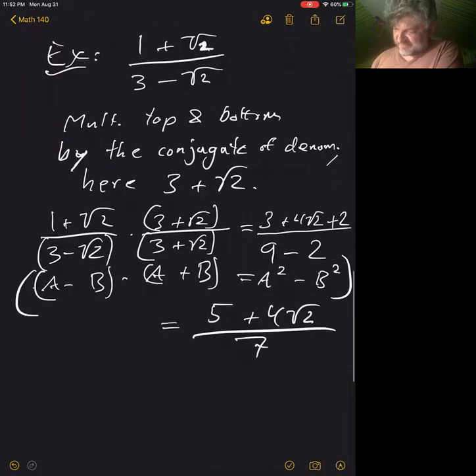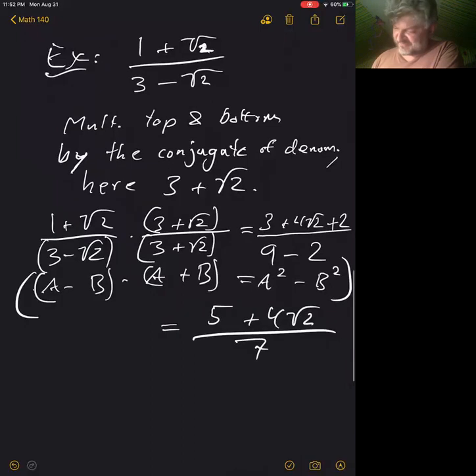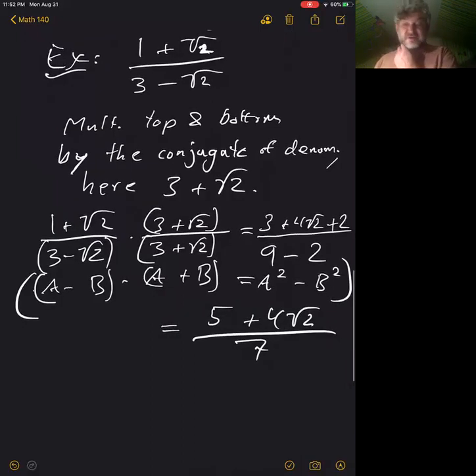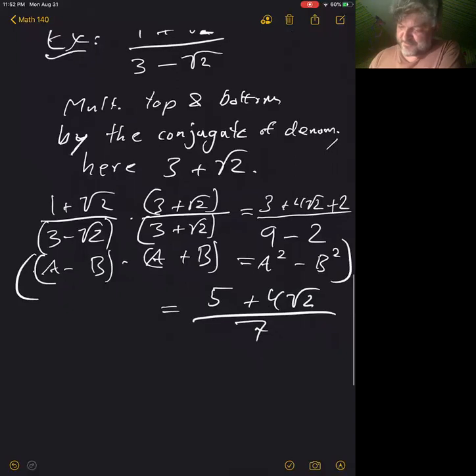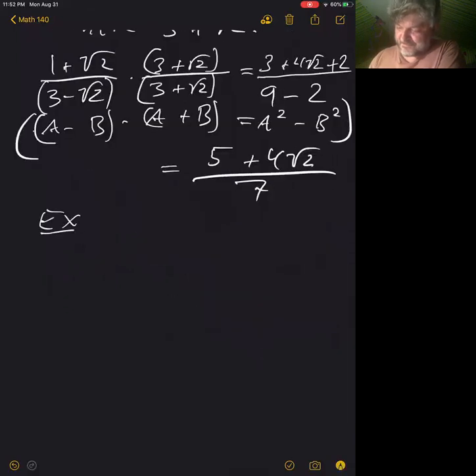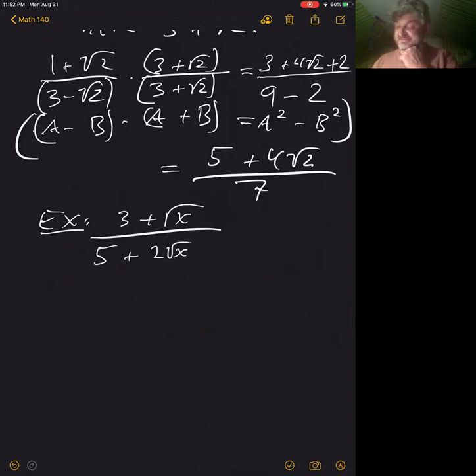Okay, let's do one more example for this, but now with a variable. So how about 3 plus square root x divided by 5 plus 2 times square root x. What do we do here?